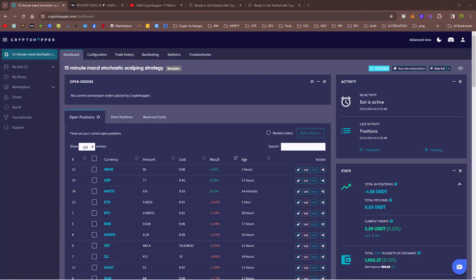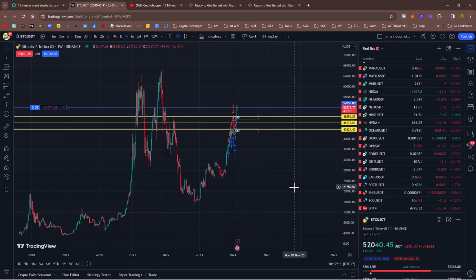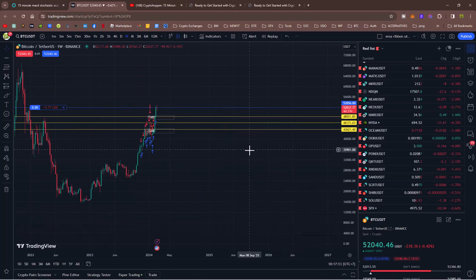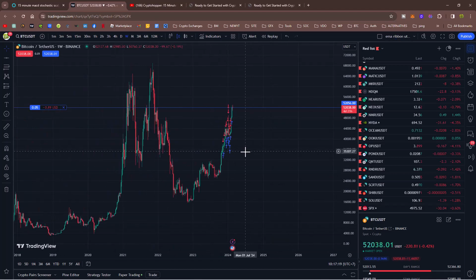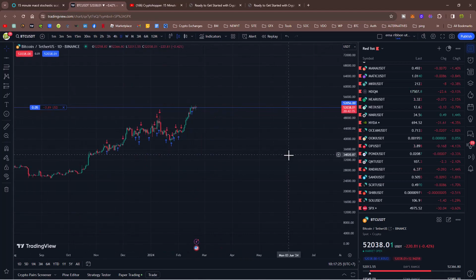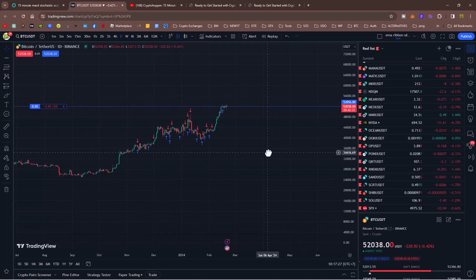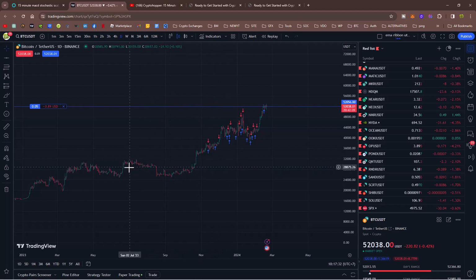Okay, so I'd rather just show you what it would look like if you were to look at it on a chart. All right, so let's have a look. Let's imagine you buy, put this on the daily chart. If you bought Bitcoin at a point such as, I don't know, let's say here.